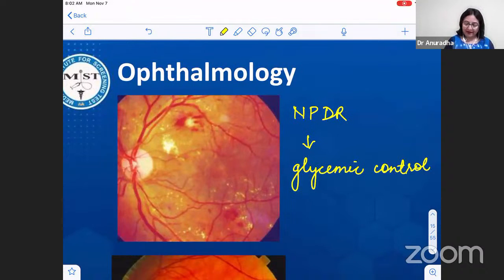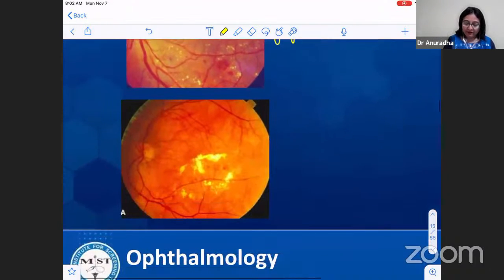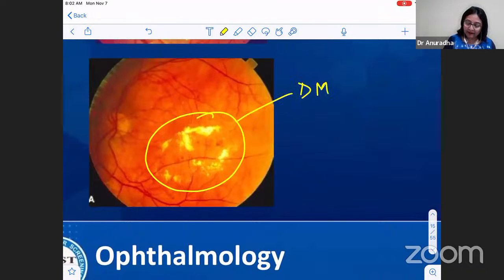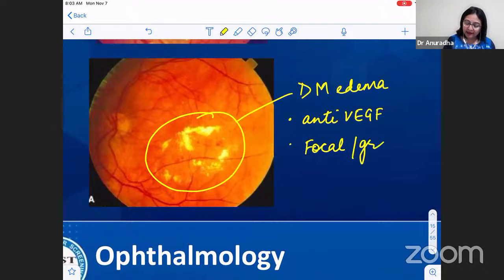And when there is diabetic macular edema, you can give an anti-VEGF injection when the edema is in the center, or you can give focal or grid laser.